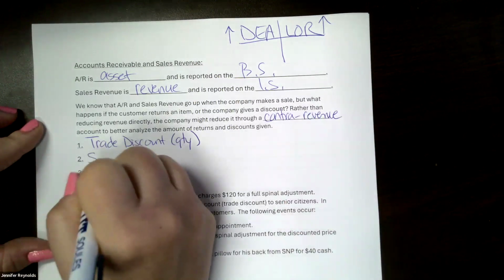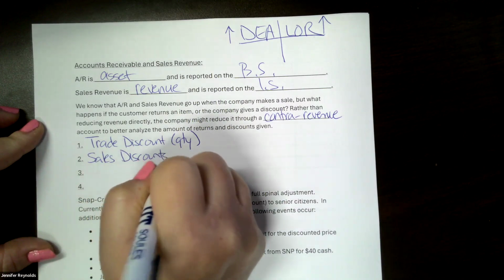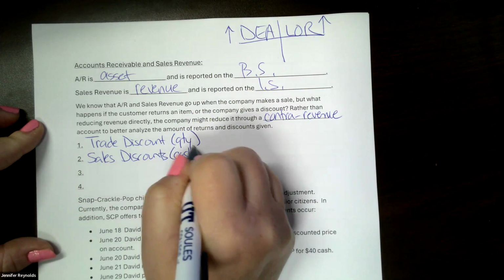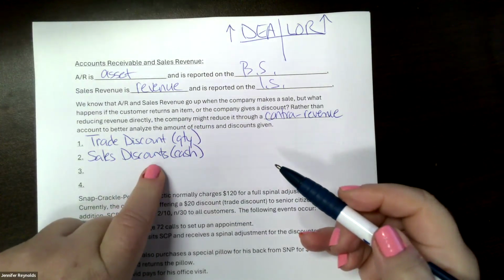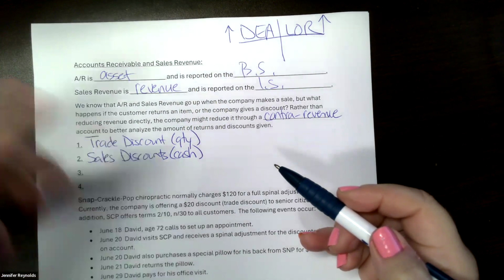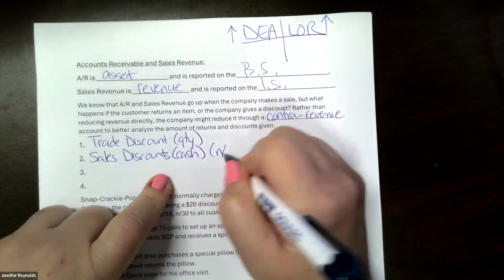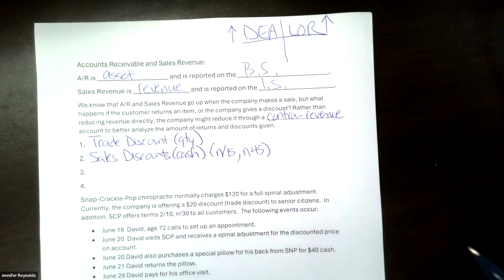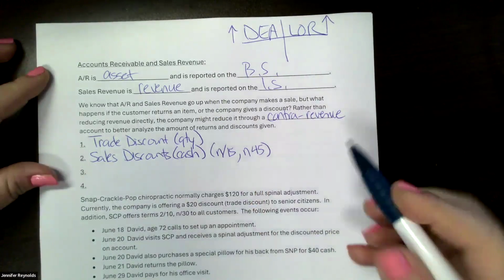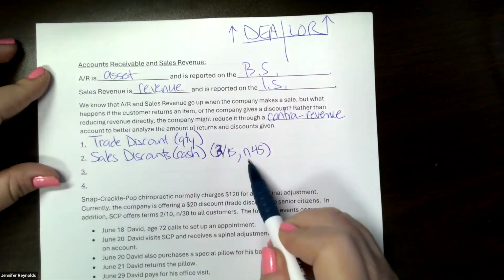Then we talked about sales discounts. This you learn in intermediate that we can also call these cash discounts. And this is given to entice customers to pay faster than they have to. So, an example, I'm going to write this down, and you should remember from principles that this means 3/15, n/45.